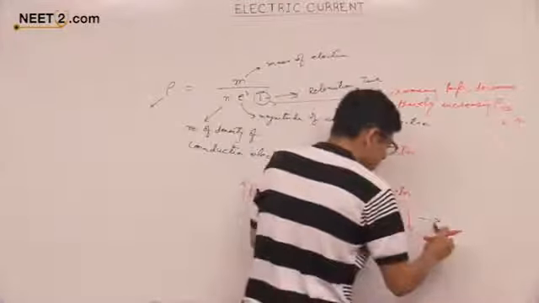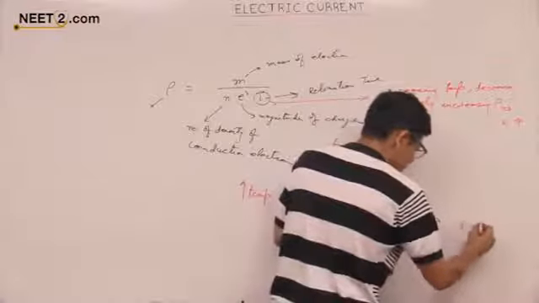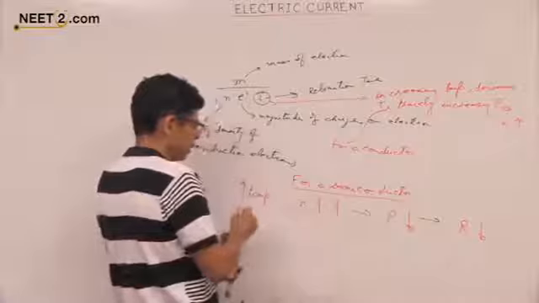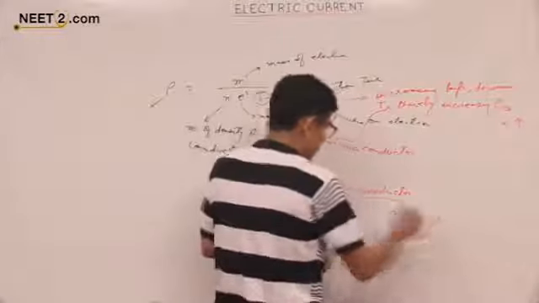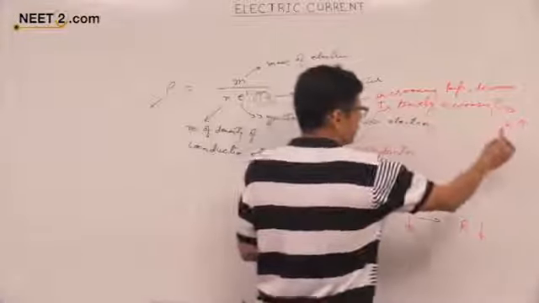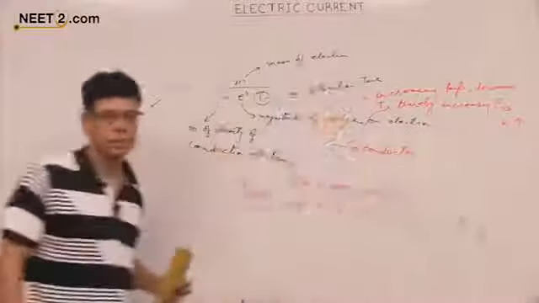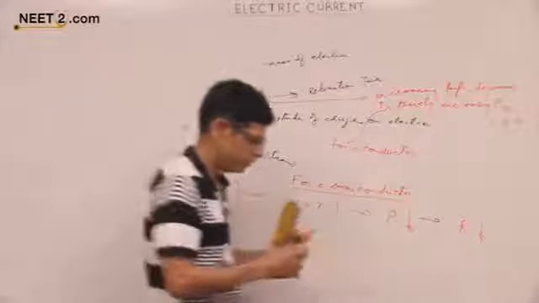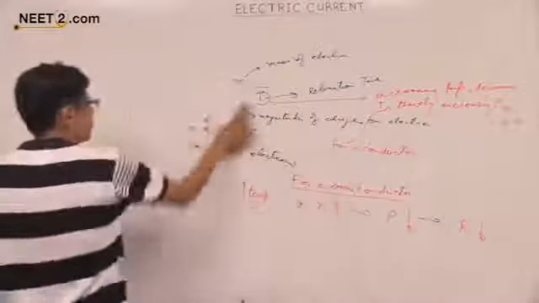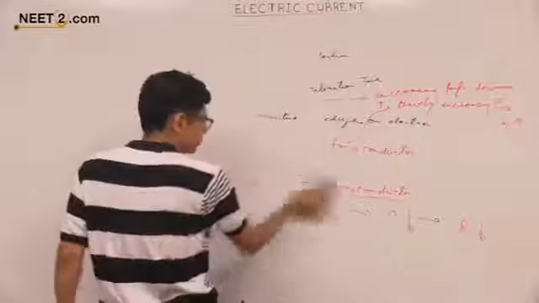This will result in decrease of resistance. So upon increased temperature, resistance of a semiconductor decreases. Increased temperature, resistance of a conductor increases. So they go the opposite way of each other.